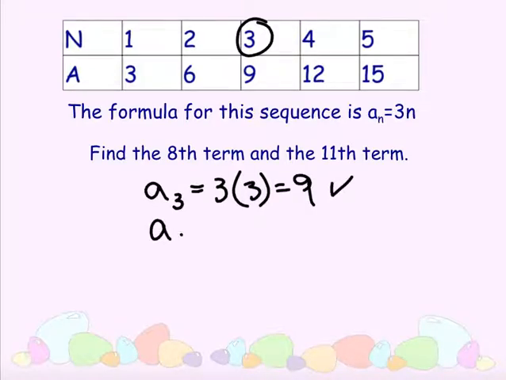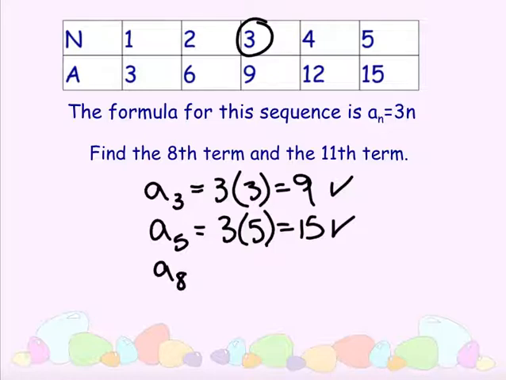How about a sub 5? Well, that would mean I'm doing 3 times 5, which is 15, which is exactly what my sequence said. So if I want to find the 8th term and the 11th term, that just means I need to replace a sub n with a sub 8, and we have 3 times 8, which is 24.